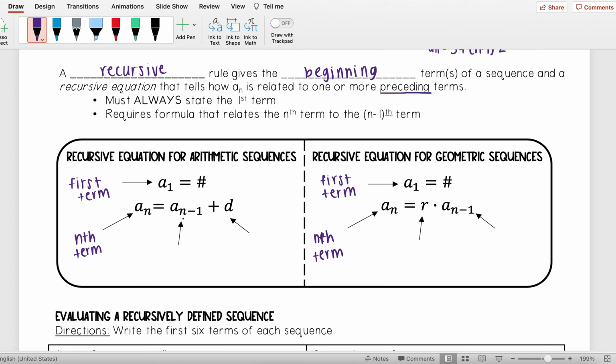And now for an minus 1, that is going to stand for the previous term. So the recursive equation relates the term we're trying to find to the term before it. And then d here is still going to be the common difference, and r the common ratio.